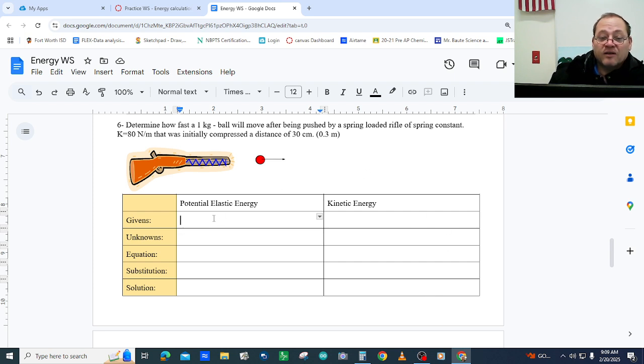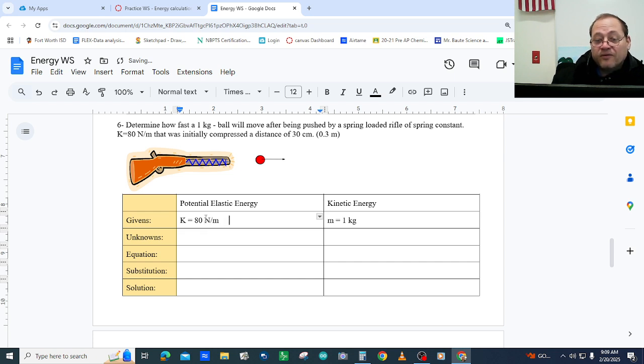Okay, so let's put the givens here. We have the mass of the ball, which is 1 kilogram. We have the spring constant k, which is 80 newtons per meter.